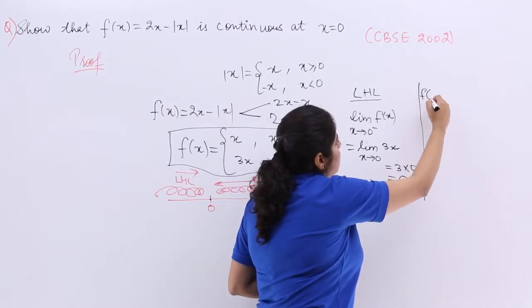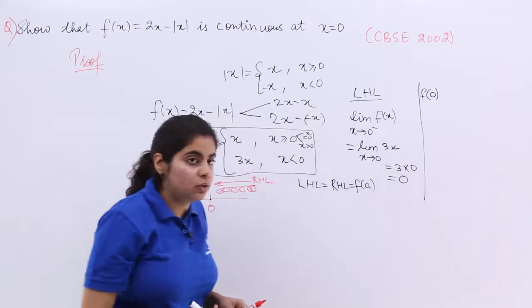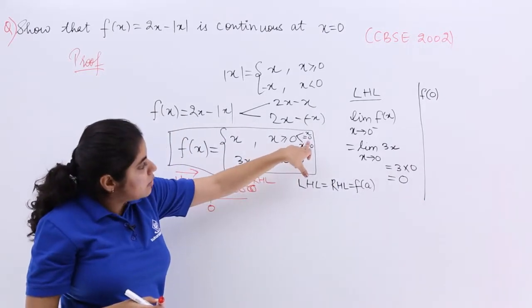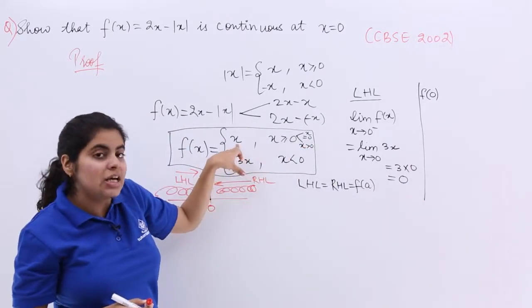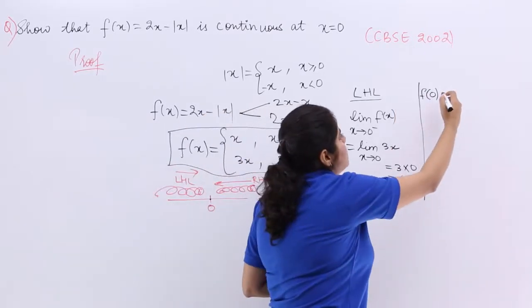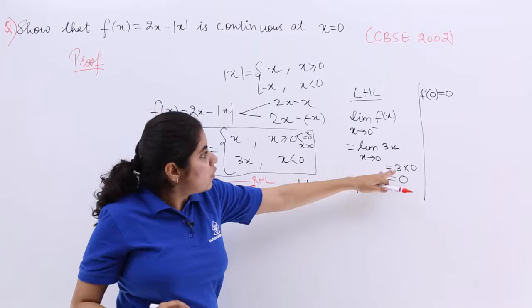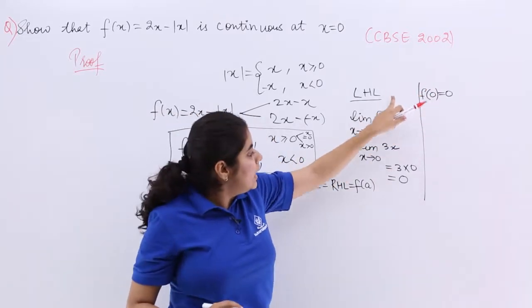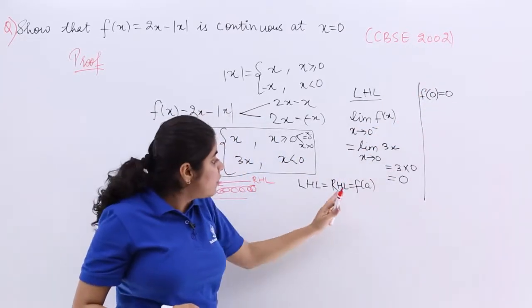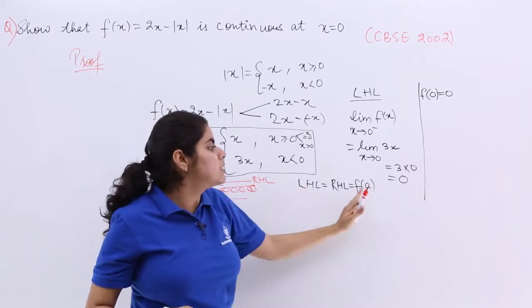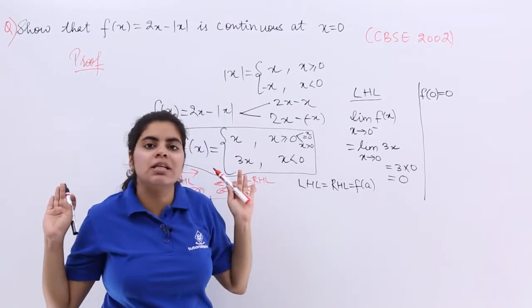The value of the function basically means what is f(0)? f at x equal to 0 will give me x. What is x? The value itself, that means 0. Now f(0) is 0, LHL is 0. If RHL also is 0, these three become equal and then my function is continuous.